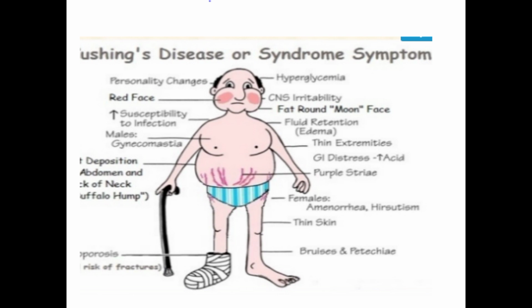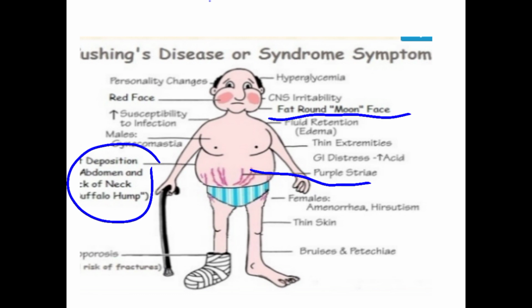You can see the diagram. Here there is fat deposition, deposition of fat in the abdomen and the neck. Here you can see the purple striations, then fat or moon face because of the deposition of fat in the face. Then the thin extremities, the leg and hand become very thin.